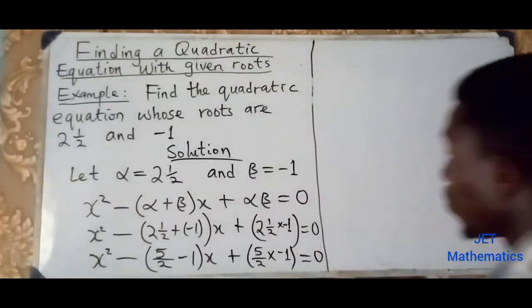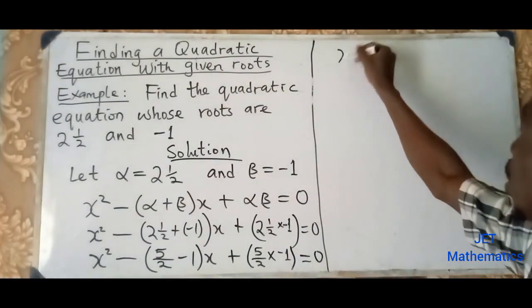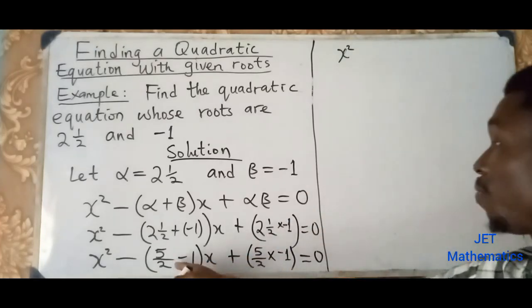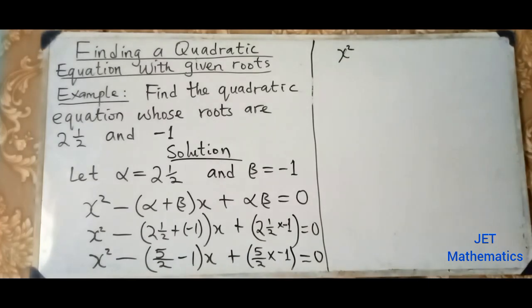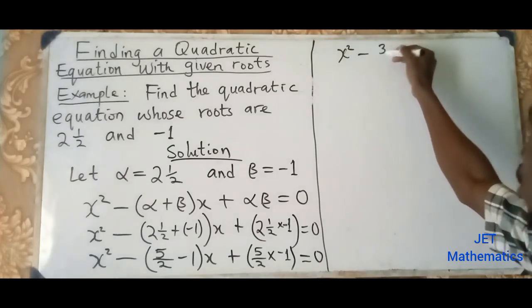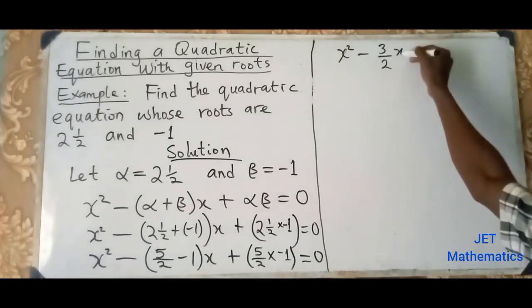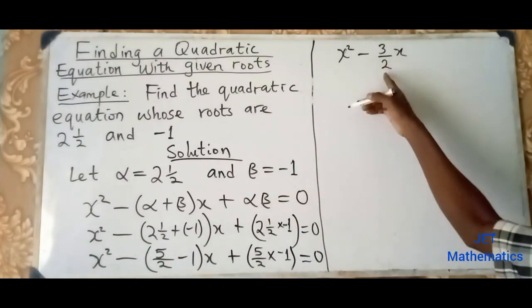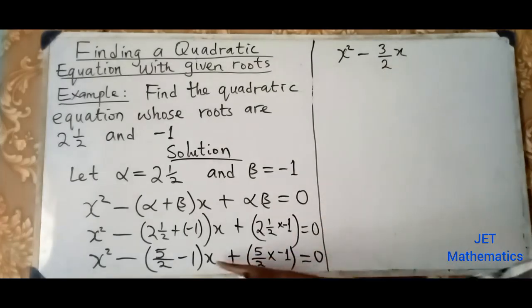We can simplify further, so we have x squared. Then solving this, we have minus 3 over 2 x. 5 over 2 minus 1 gives us 3 over 2. And then our x is here.